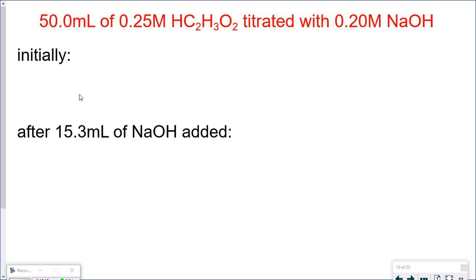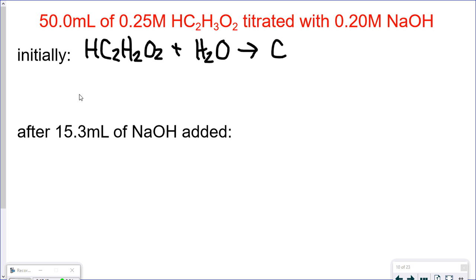So looking at our overall reaction just for the acid, because remember we're going to have excess acid, the acetic acid, whenever it is in water, will produce the acetate ion, C2H3O2 negative, which is our conjugate base, and the hydronium ion.